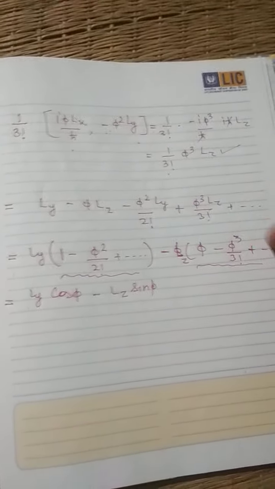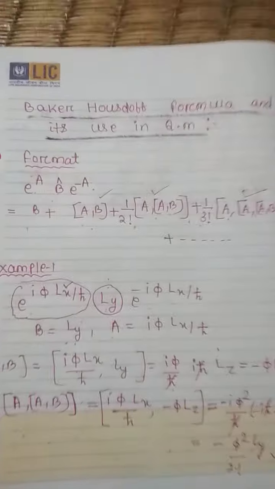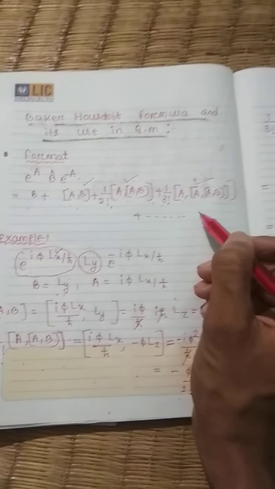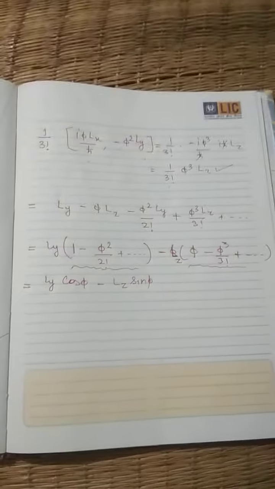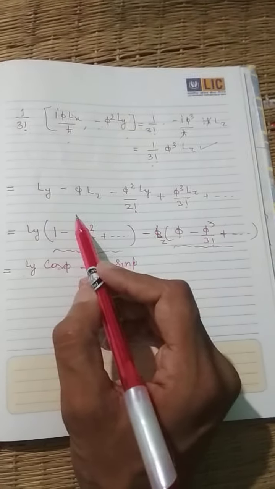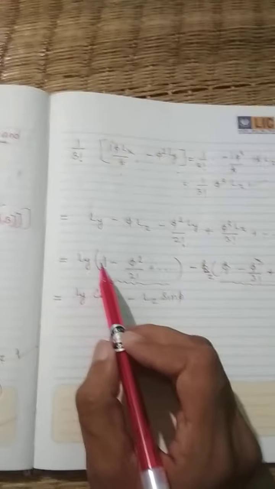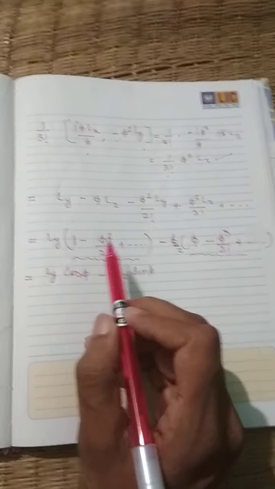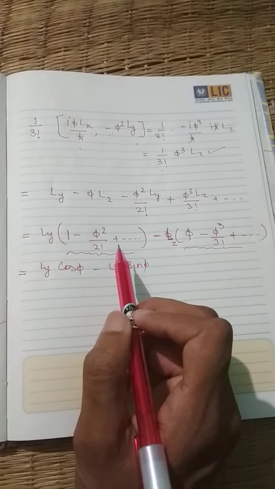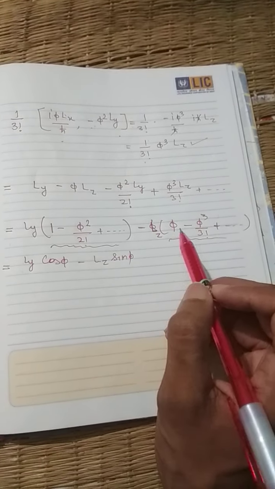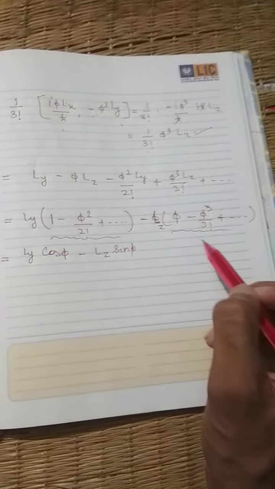Now putting all the data in this Baker-Hausdorff formula will yield Ly minus phi Lz minus phi square upon 2 factorial Ly plus phi cube upon 3 factorial Lz. Now I am taking Ly as common. I will get 1 minus phi square upon 2 factorial, minus, taking Lz common, phi minus phi cube upon 3 factorial.